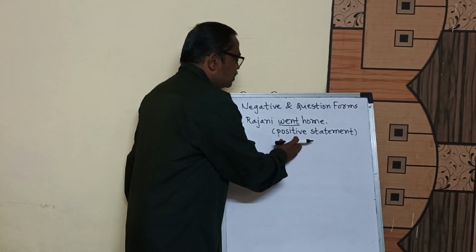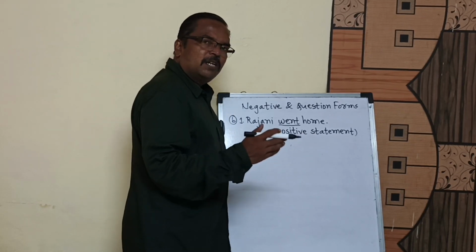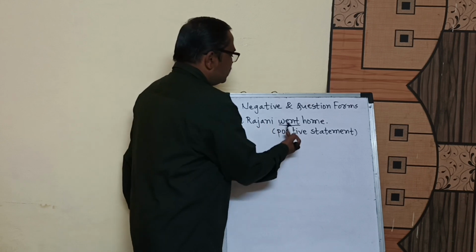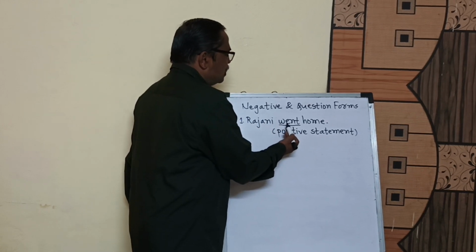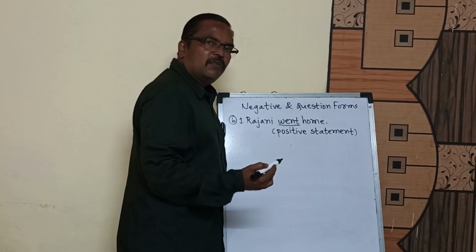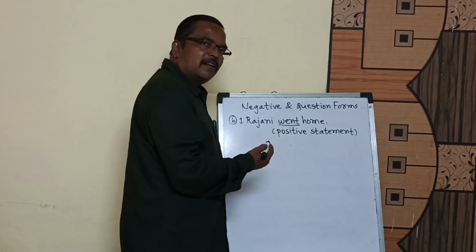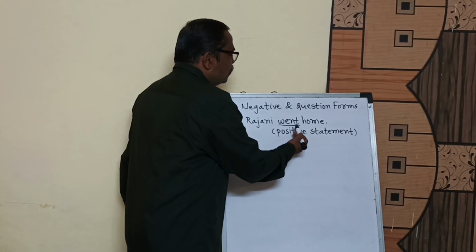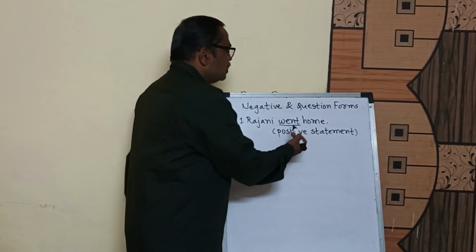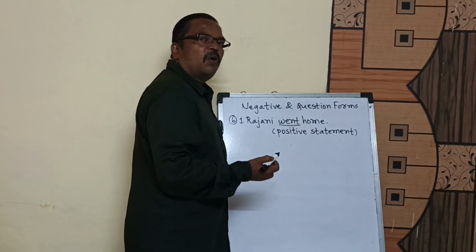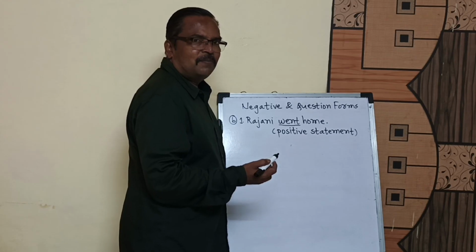When we turn this sentence into a negative statement, we must take the to do helping verb, that is didn't, and then write the V1 form of the verb.